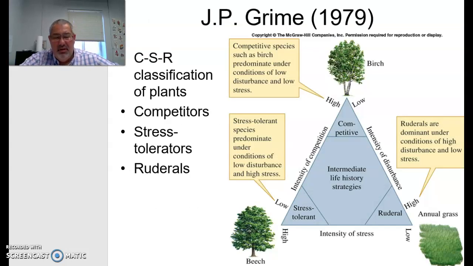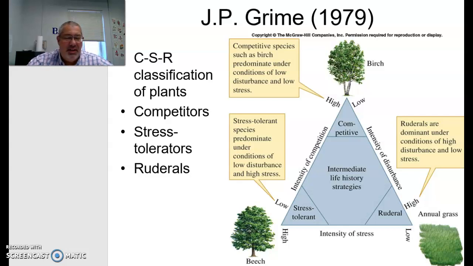J.P. Grime is an English population biologist. One of my advisors in graduate school was one of his students, so I am J.P. Grime's academic grandchild, if that makes sense to you.